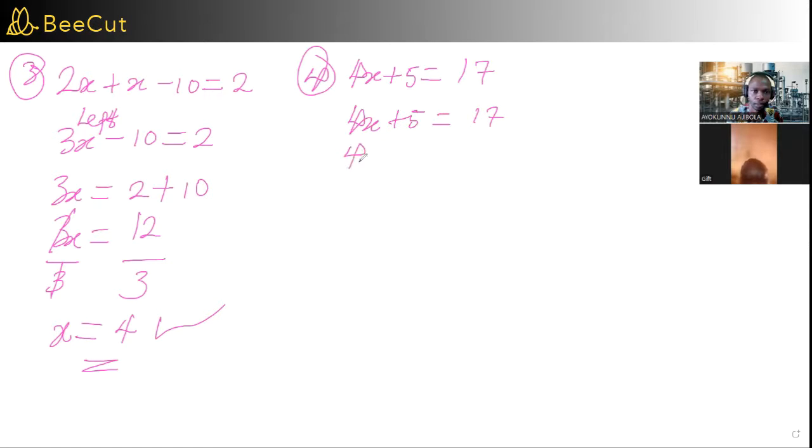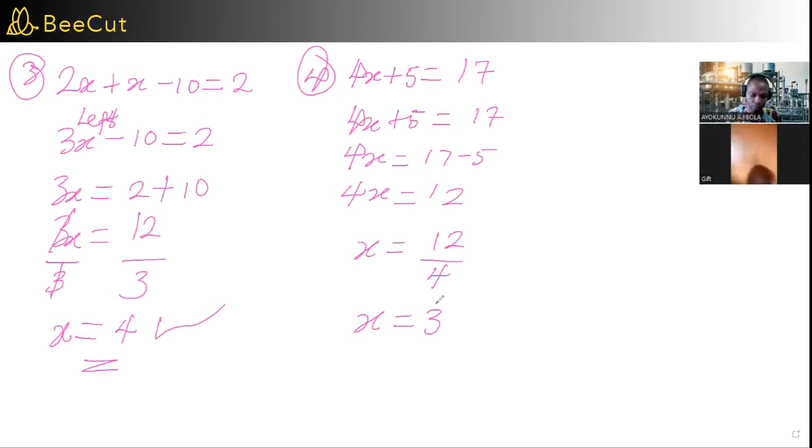So that means 4x equals 17 minus 5, and 4x equals 12. Then x will be 12 divided by 4. That means it's 3. That is correct. So I'm going to give you one question right away to try as well.